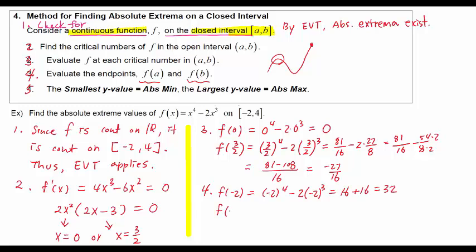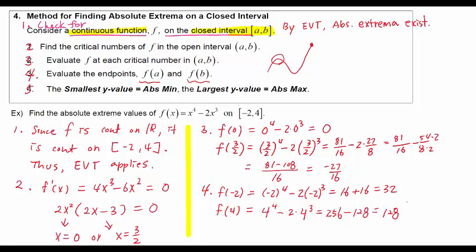F of 4 is 4 to the power 4 minus 2 times 4 to the power 3. That is 4 to the 4th is 256 minus 4 cubed is 64, 64 times 2 is 128. And 128 is half of 256, so when you subtract that, you're going to get another 128.